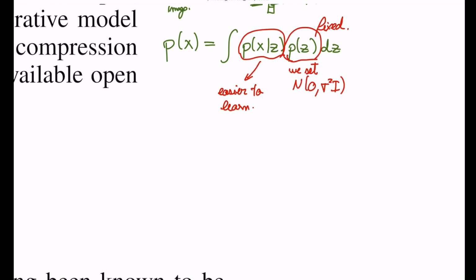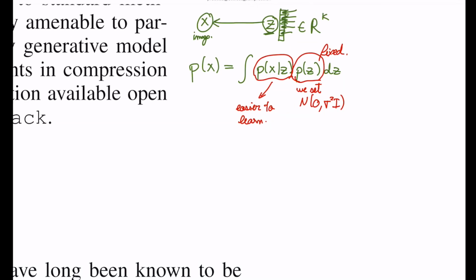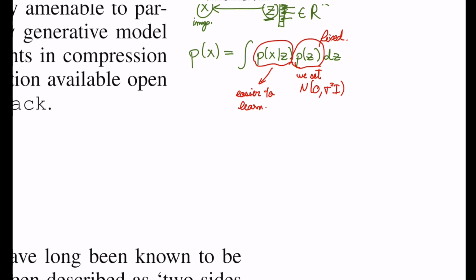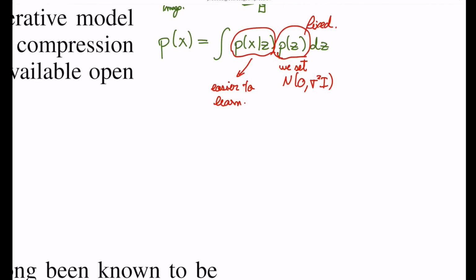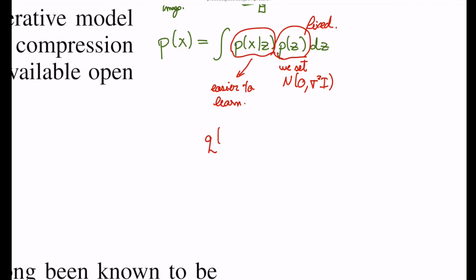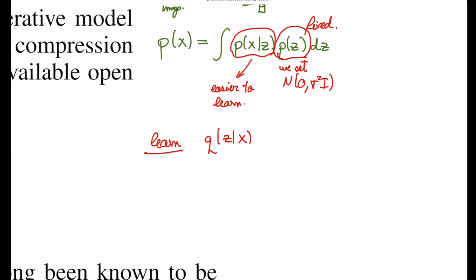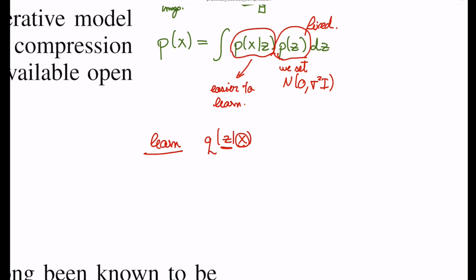Now, with latent variable models, I hope you are familiar with variational autoencoders and with the ELBO, the evidence lower bound. The whole point is that we'll also need a distribution across the latent variables. So we will learn a distribution that, given X, learns the posterior distribution for the latent variables.